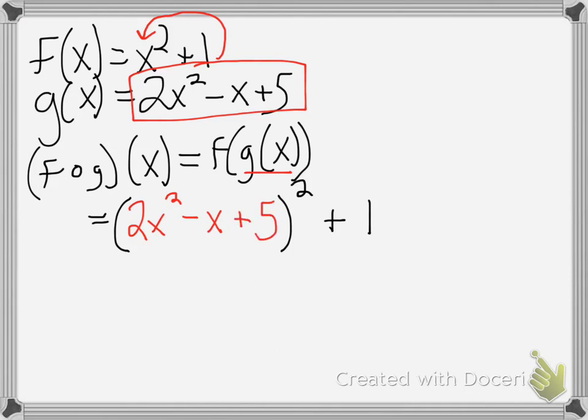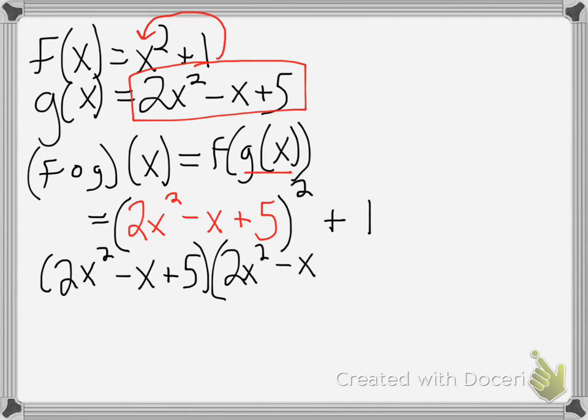We know that when we square something, that means write it out twice. So it becomes 2x squared minus x plus 5 times another 2x squared minus x plus 5, and then plus 1.